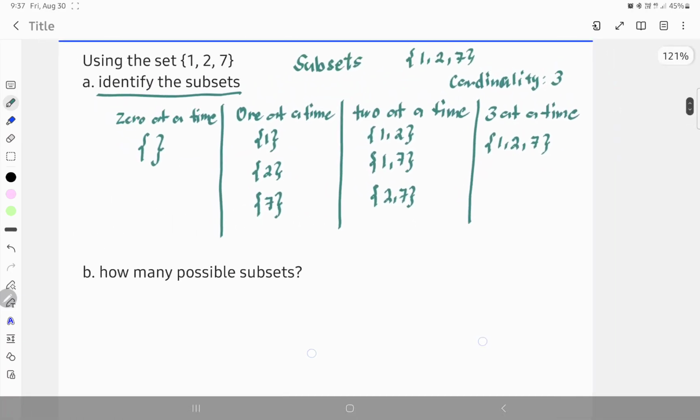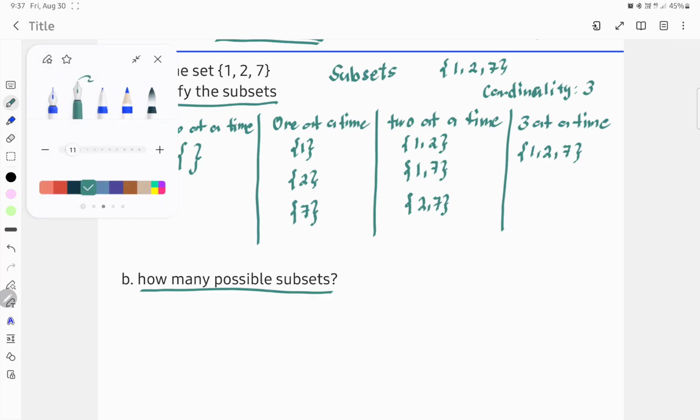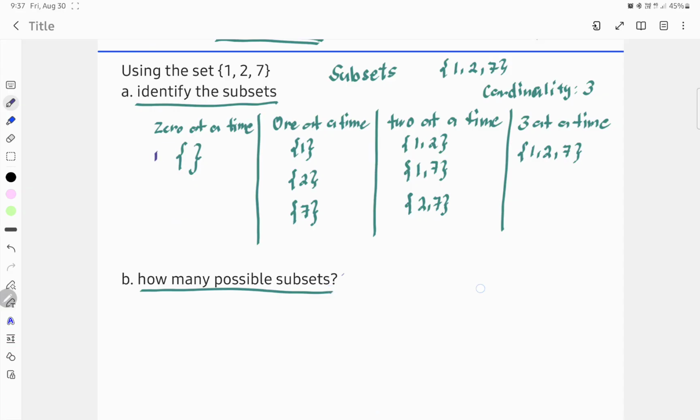If you were asked how many possible subsets there are, you can work that out by counting: 1, 2, 3, 4, 5, 6, 7, 8. However, there is an easy way to get the number of subsets. The base number is 2, raised to n, where n is the cardinality of the set.